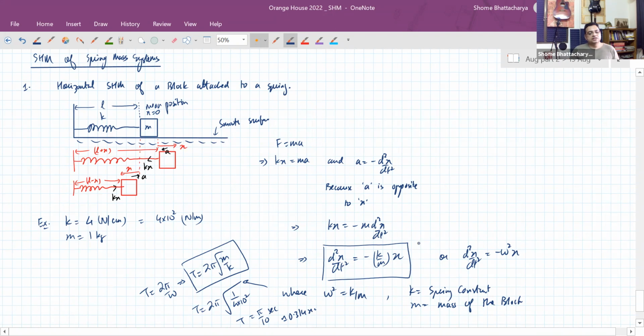If you compare this with the standard SHM condition, not only does it satisfy that condition, now you know the value of omega square from the given value of spring constant and m. From that we can calculate the time period.